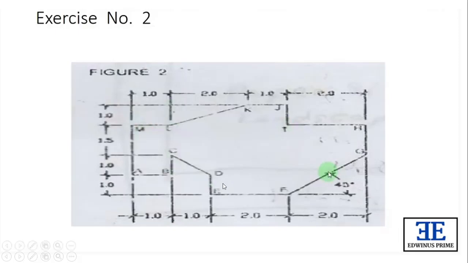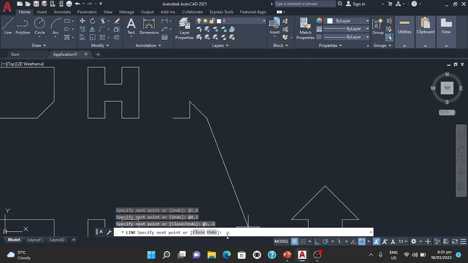Next, we have point D to point E. When it comes to the x-axis, there is no change, so change in x is 0. For the vertical, we have 1 difference in y, and point D to point E is going down, so the change of y is negative 1. So let's declare @0,-1.